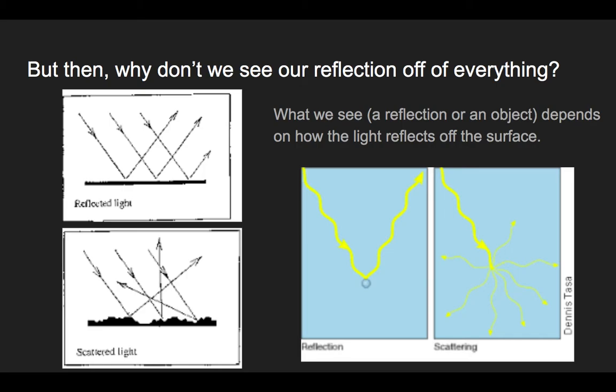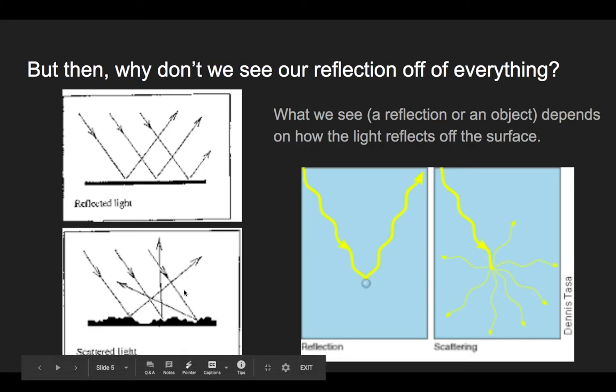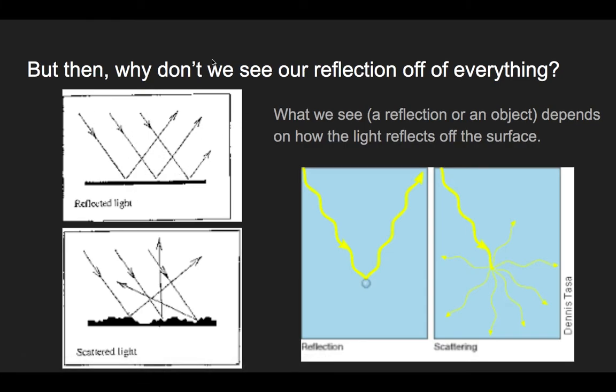So light tends to scatter off of most surfaces, which just means that it is reflecting in every single direction at the same time, whereas a mirror reflects all light that's hitting it in the same direction. So that's how you can get a coherent reflection.